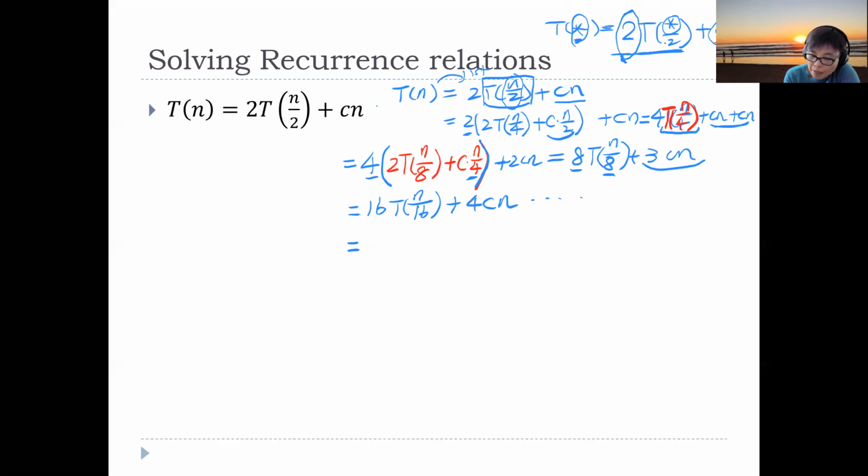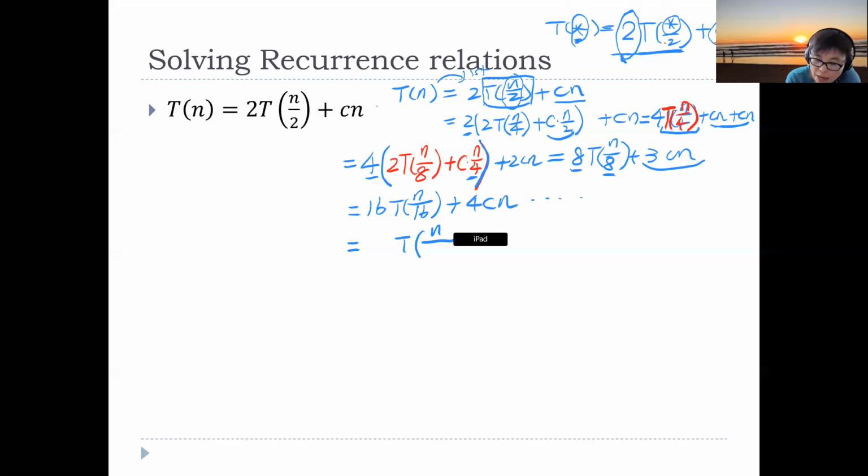Okay, then at the k-th iteration, what do we have? Basically, every time we unroll it once, inside, the size of the problem is cut by half.